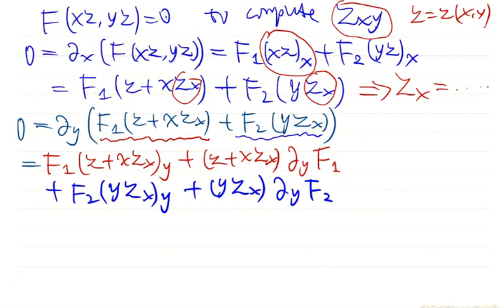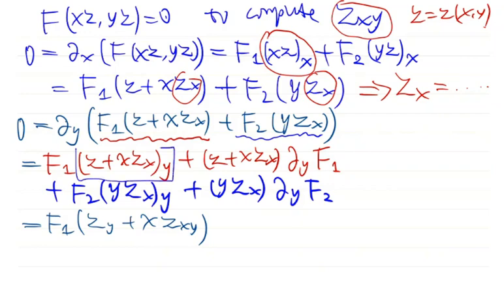Okay, so we simplify this to get f1 (zy plus x zxy). This part, z plus x zx, then the derivative with respect to y, gives us our desired zxy. So this is why we take the derivative with respect to y in this step, because we want to generate zxy.